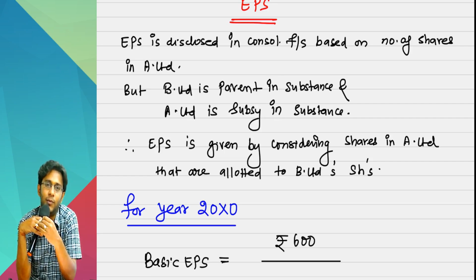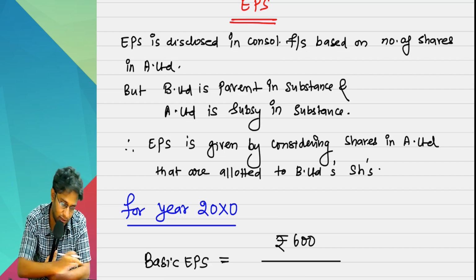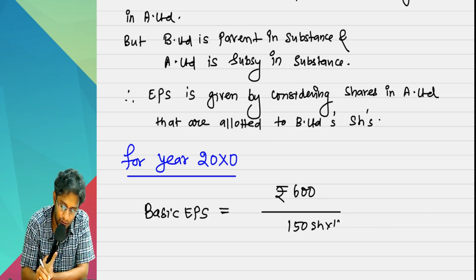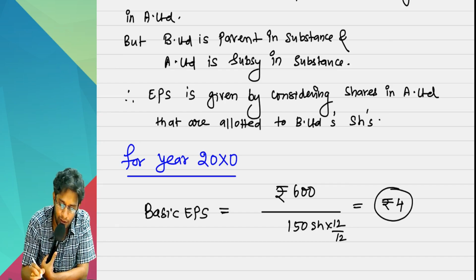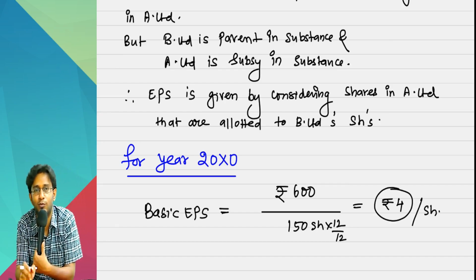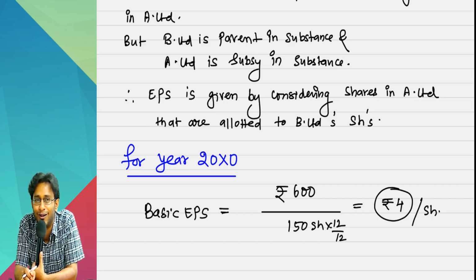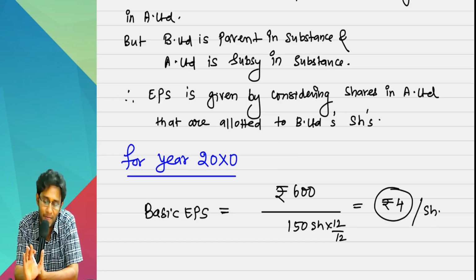B Limited. B Limited, how many shares are they holding? 150 shares. So you have to take that 150 shares in the denominator. Here you will get a small mini heart attack. What you will say is, sorry, 150 shares are created in the current year. No, how can I take this 150 shares for last year's EPS?